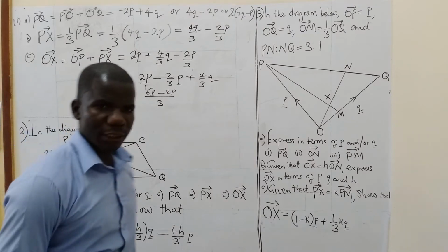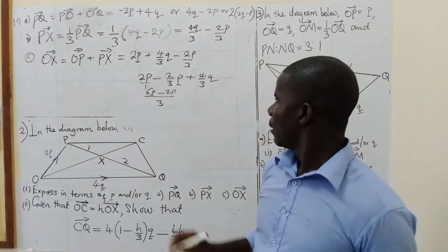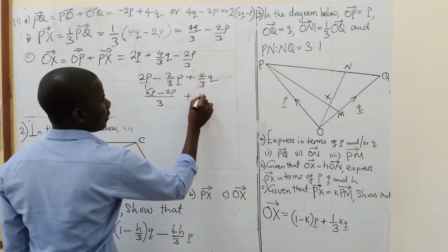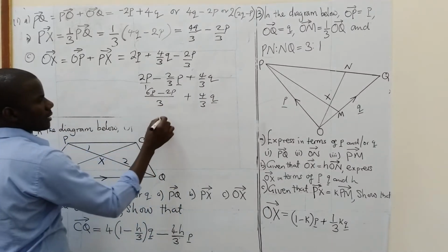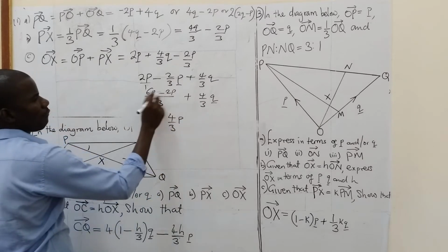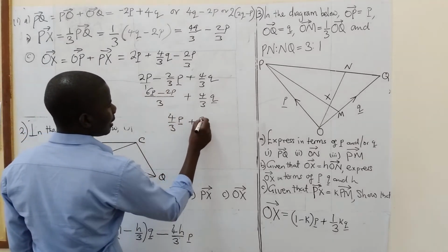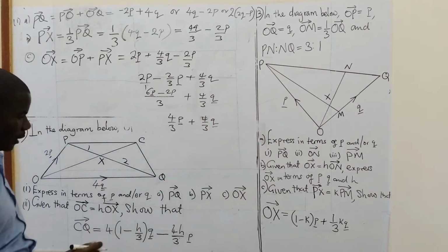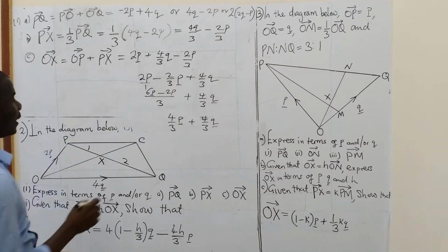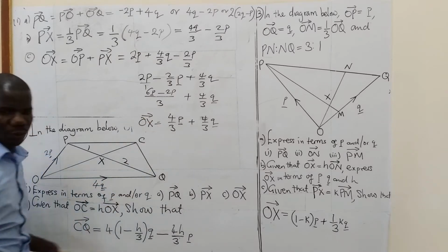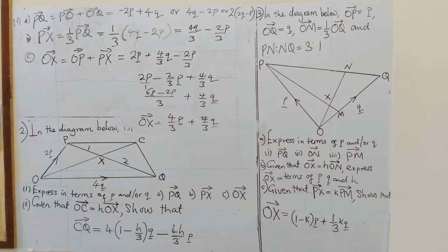When we simplify this, it gives us 4 over 3 P, plus 4 over 3 Q. That is what we are going to get in terms of OX.